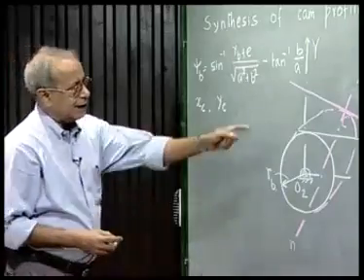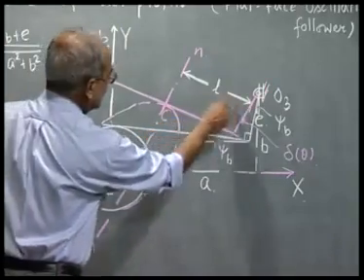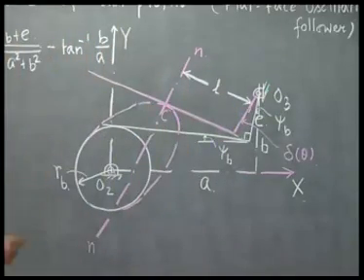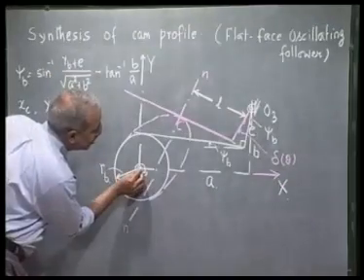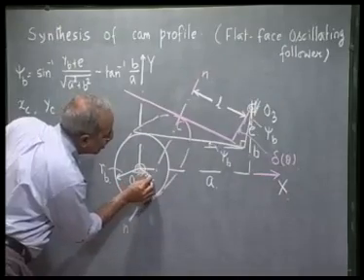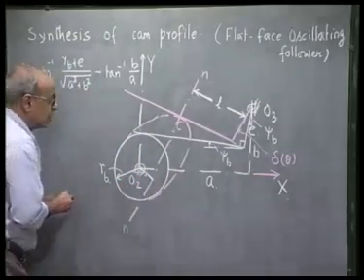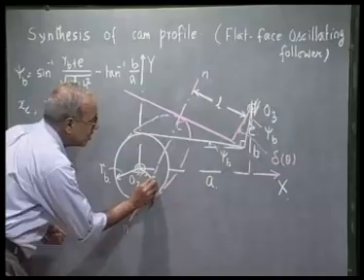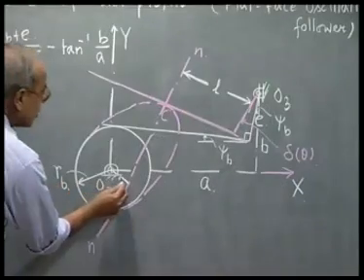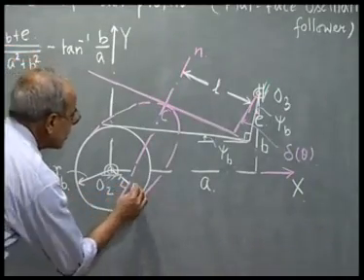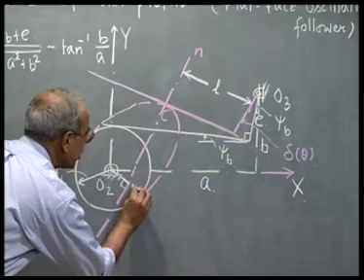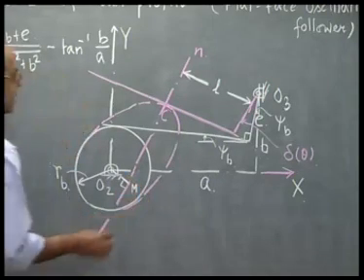To find this xc and yc, I will need this quantity L. So as a first step, I try to find what is this quantity L. Towards that end, I drop a perpendicular from O2 to this common normal, and let this point I call M.